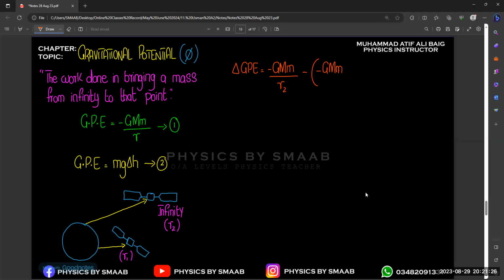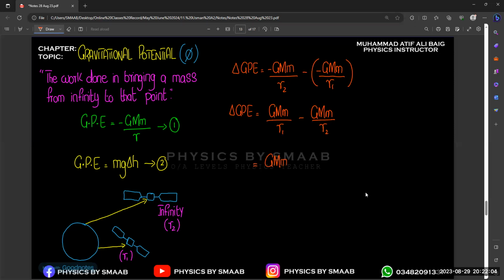And if we subtract that value from the closest point, your equation will look like this. Okay, and finally if we take common values from this, your common values are... minus minus will be plus, right?